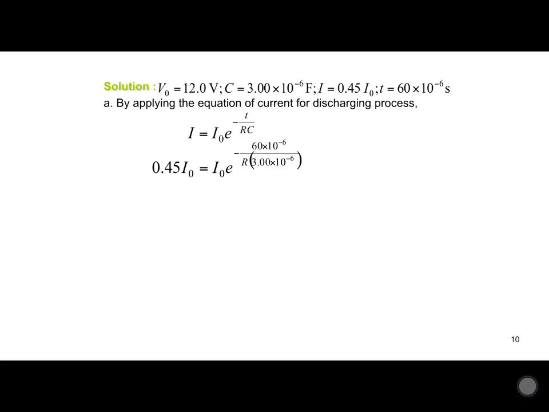Because the current is observed to decrease to 0.45 of its initial value, the final current is 0.45 of its initial, equals I initial exponential negative the value of t over RC.